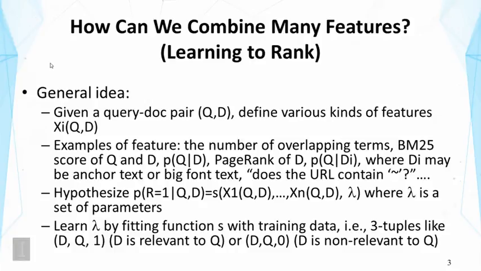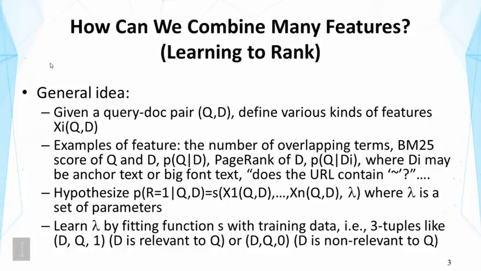In this approach, we simply hypothesize that the probability that this document is relevant to this query is a function of all these features. So we can hypothesize that the probability of relevance is related to these features through a particular form of the function that has some parameters. These parameters can control the influence of different features on the final relevance.